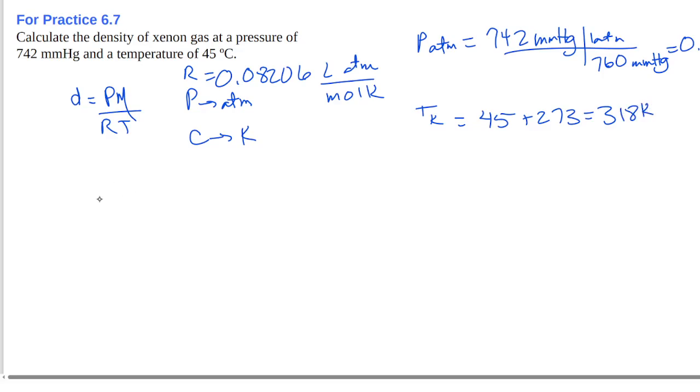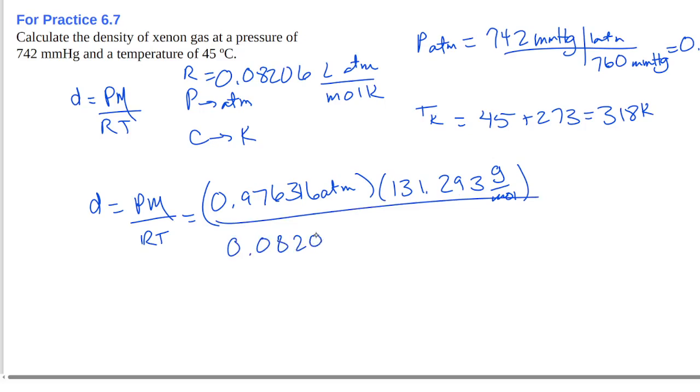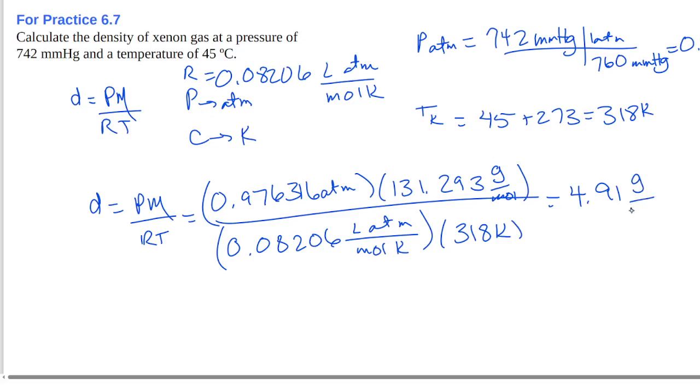Now we're ready to plug into our formula. Density is equal to pressure times molar mass divided by R times the temperature, which is 0.976316 atmospheres times 131.293 grams per mole divided by 0.08206 liters atmospheres per mole Kelvin times 318 Kelvin, which is equal to 4.91 grams per liter.